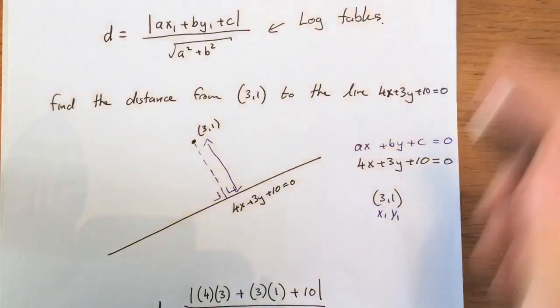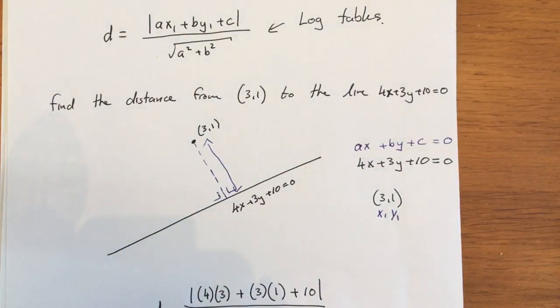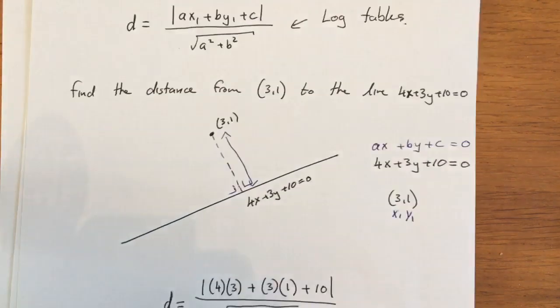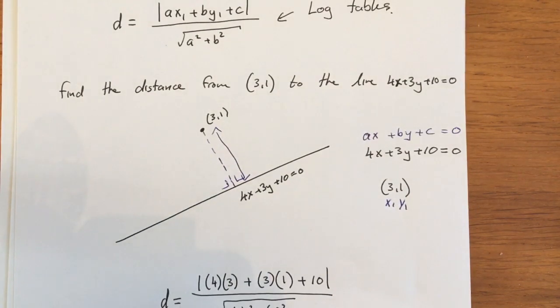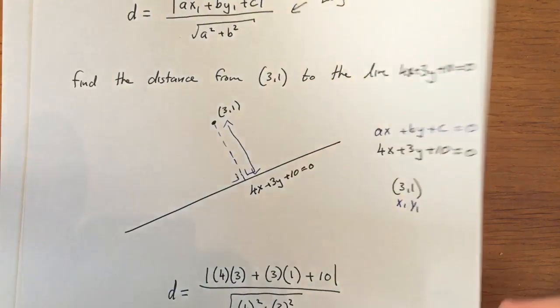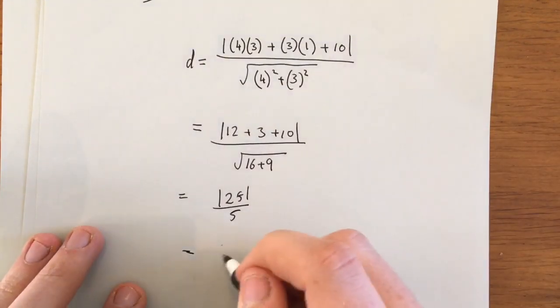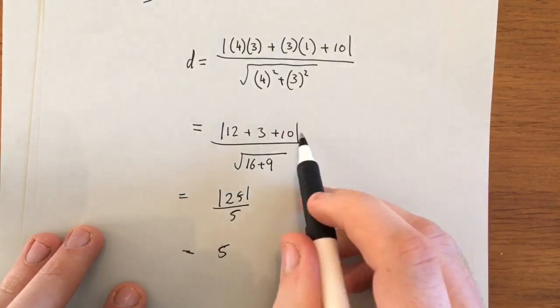So that's going to give us 12 plus 3 plus 10 all over the square root of 16 plus 9. That's going to give us 25 all over 5, which is equal to 5. And then we know what these symbols here mean.